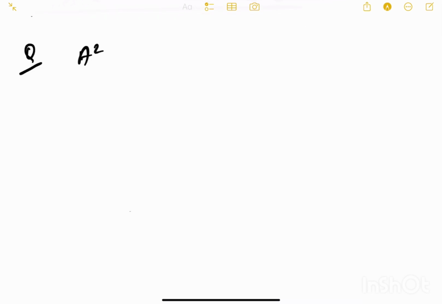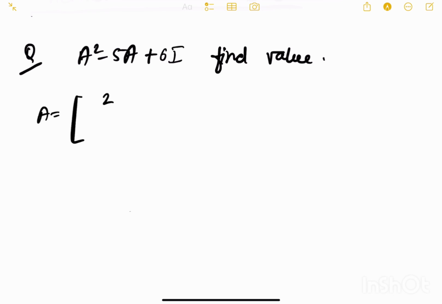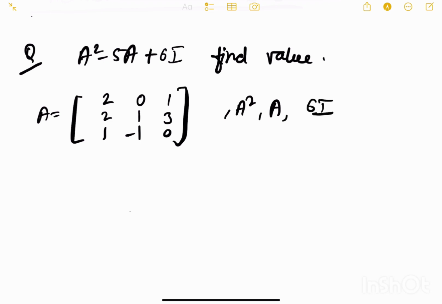So the last question of this session is we have to find the value of this expression, and my A is this. So now to find this value, we must know what is A square, we know what is A, and what is this value, 6 of I. Now this question will summarize everything.